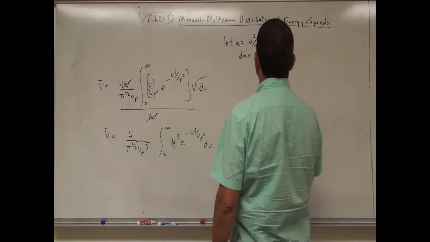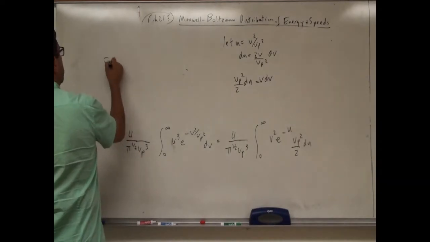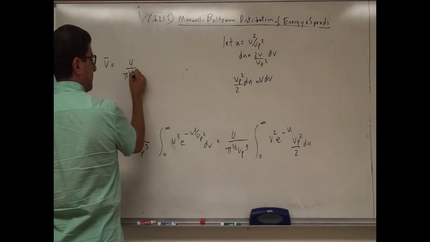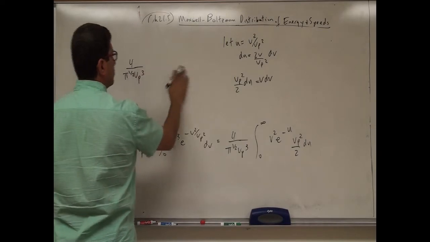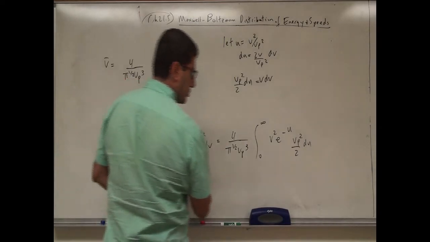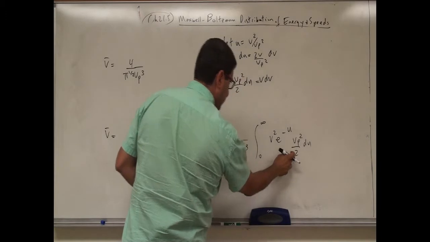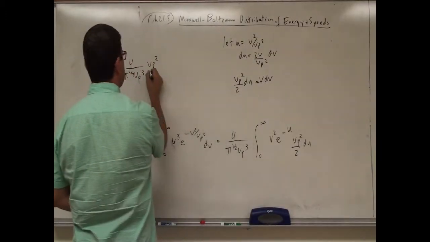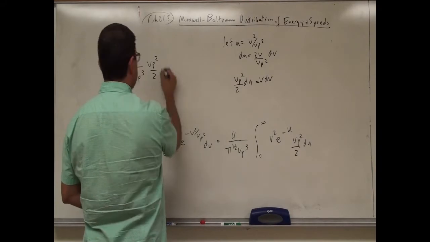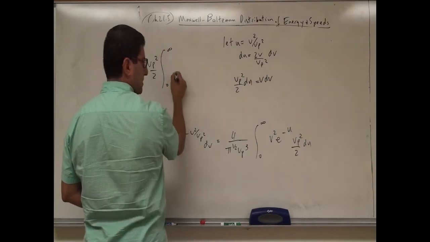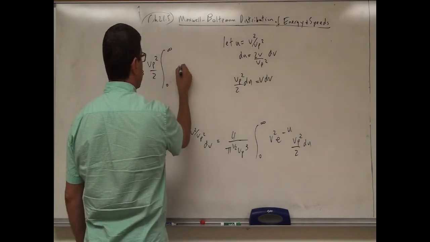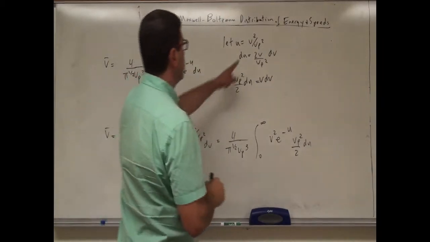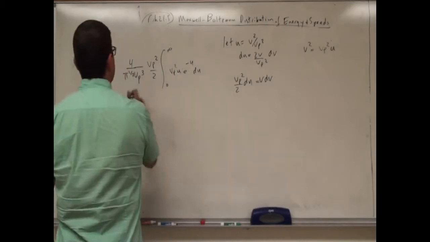So then you can say here, V average is going to equal 4 over pi to the half Vp cubed, right? So then you have here Vp squared comes out, and the 2 comes out. So then you have 0 to infinity V squared e to the minus u du, right? And then V squared is going to equal, Vp squared is going to come out.